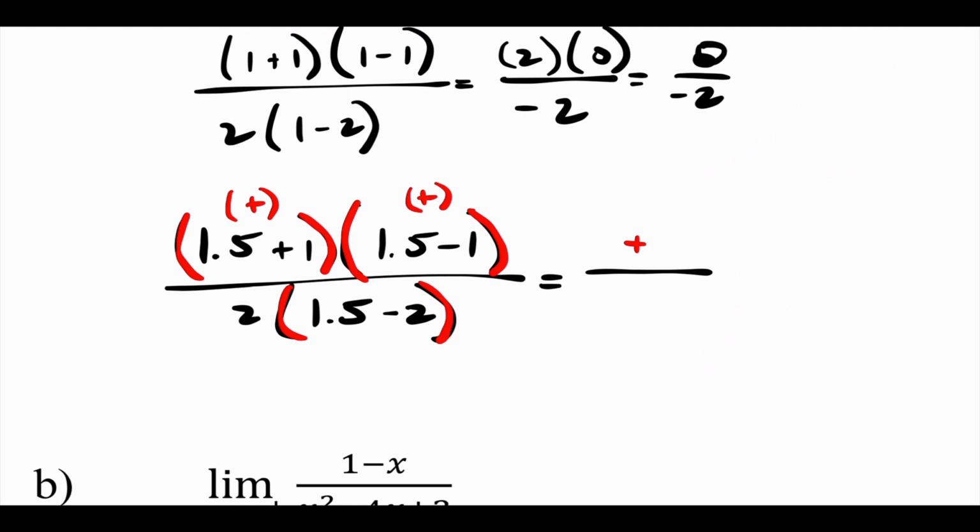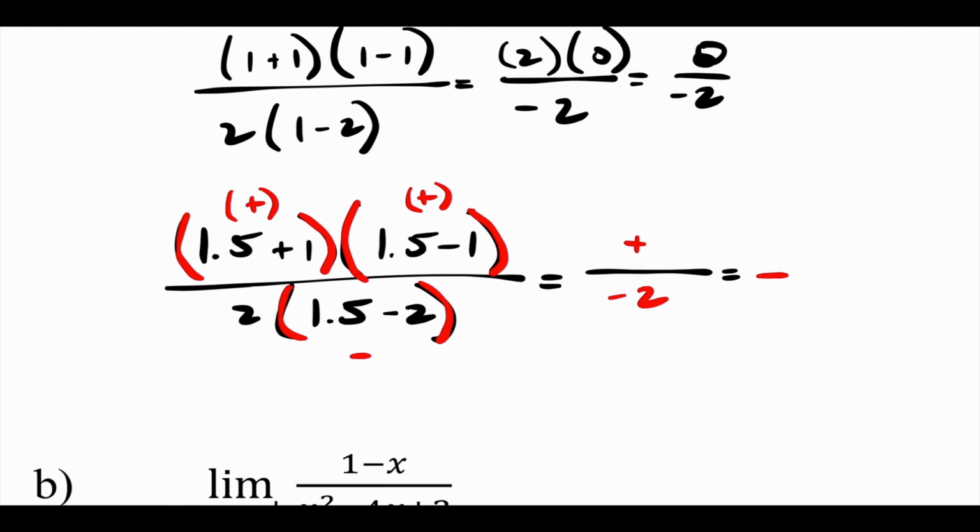Negative, right? That's a negative times 2, which is negative 2. What is a positive divided by a negative? Always a negative number. So I know that it will be a negative number. And if you want to do the math, you can. It's going to be 0.5 times 2.5, which is about 3 over negative 2. That's what the actual answer will be.